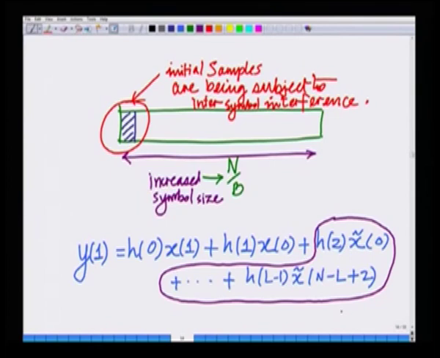So, this portion here again corresponds to the intersymbol interference, ISI, from previous.